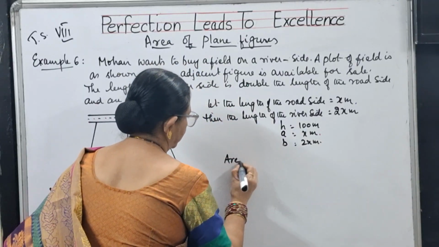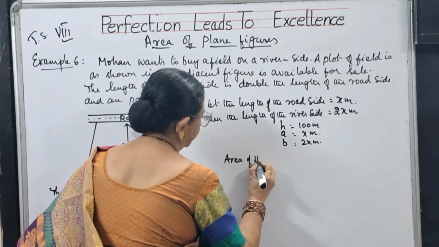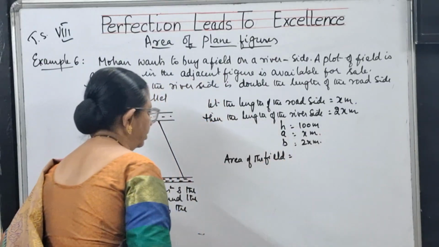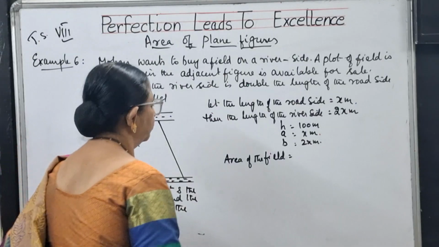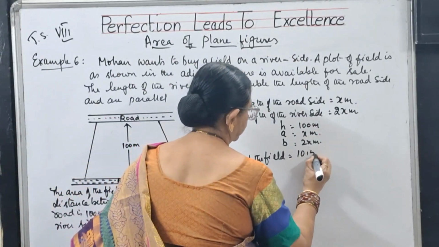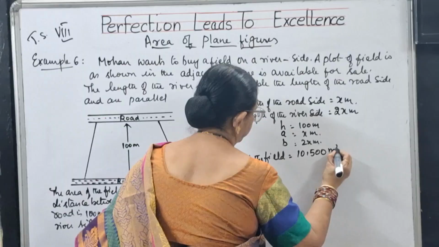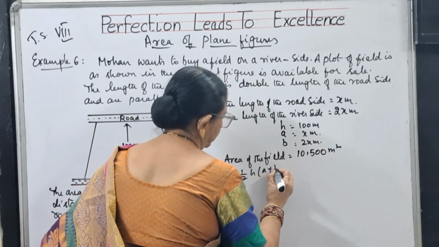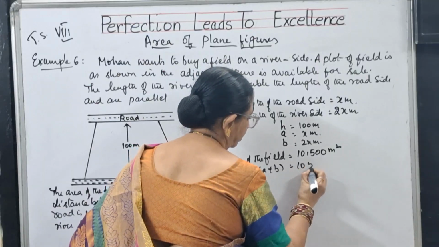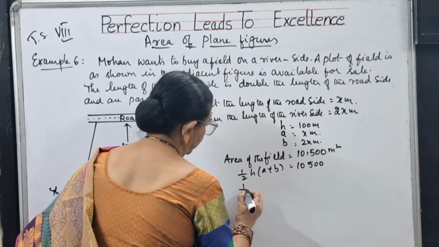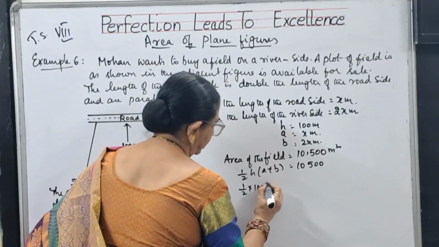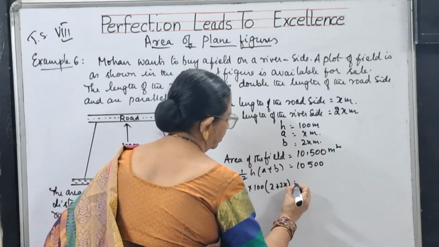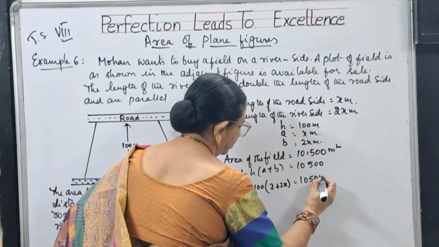Now, area of the field. Area of the field is area of the trapezium, that is 10,500 square meters. Area of trapezium is half h into a plus b, which is equal to 10,500. That is half into h, which is 100, into a plus b, which is x plus 2x, equal to 10,500.